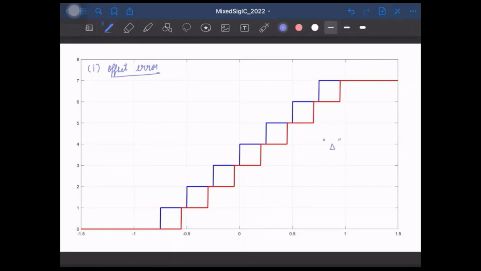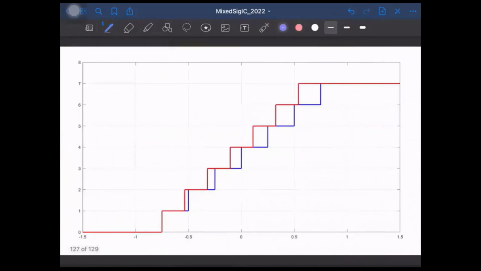What has changed is that all the transition voltages here have all been shifted by a constant amount, right? So a small amount of offset error is usually tolerable in many practical systems, and it can also be corrected easily, right? And since this offset affects all the codes in a similar fashion, it does not introduce any non-linearity, right? Because you still see that it is a straight line.